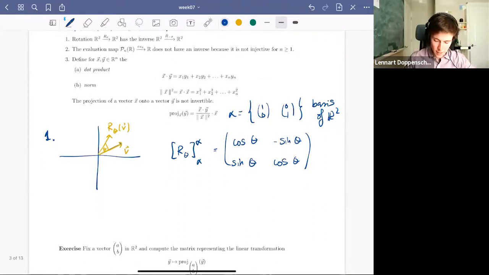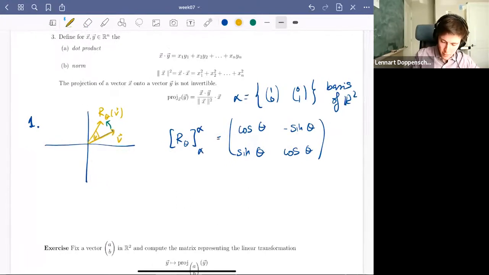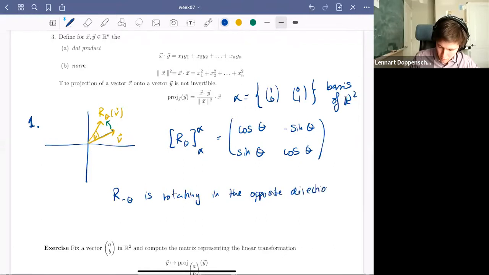Not algebraically, but just looking at this picture on the left-hand side, you can see that if you now apply a transformation that rotates everything back clockwise, not counterclockwise, since this first one was going counterclockwise, then you can just see by this picture that R minus theta is rotating in the opposite direction.